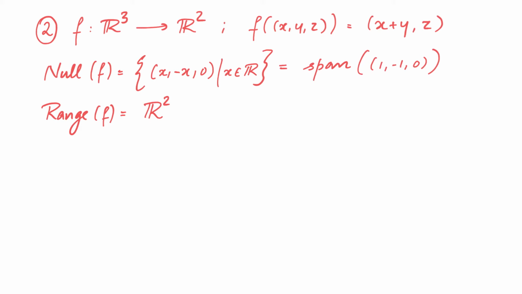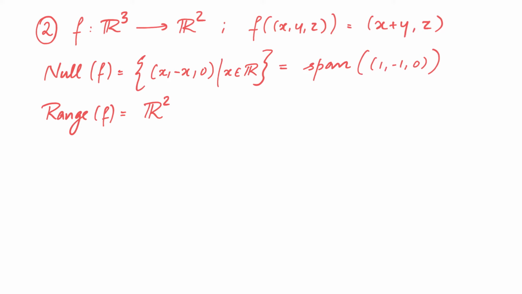But let us dig a bit deeper and understand this better by going through the sketch of the proof that I was mentioning earlier. As I said earlier, the basic idea is to construct a good basis of R3. And how will we do it? We will first take a basis of the null space.